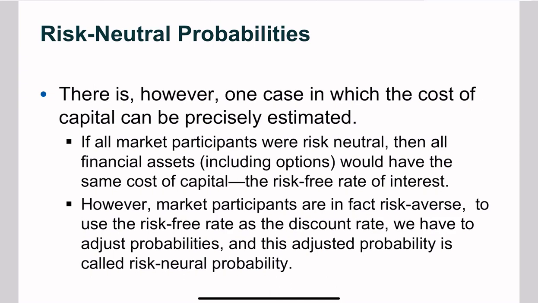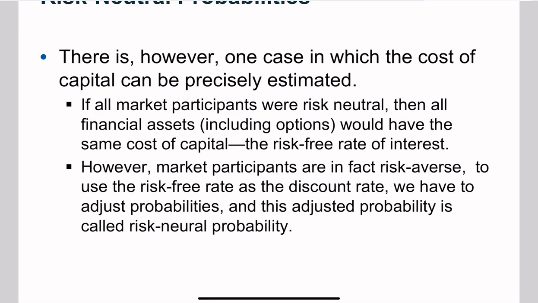Because we just talked about this. The difficulty is it's hard for us to find out the cost of capital for the call. But in a risk-neutral world, we can just use the risk-free rate as the cost of capital for options. So this makes our life easier. But you can see that in reality, right?